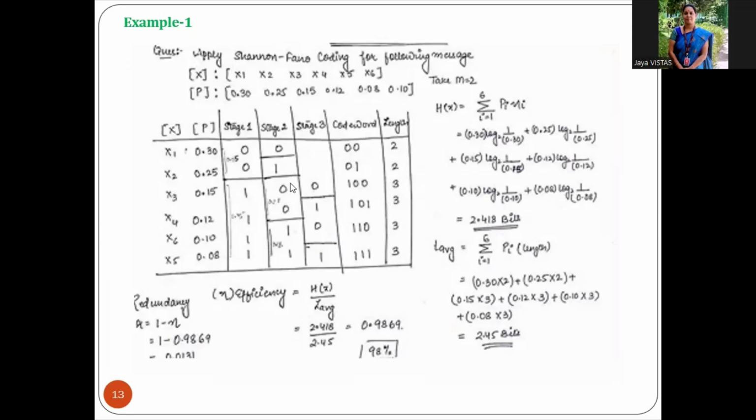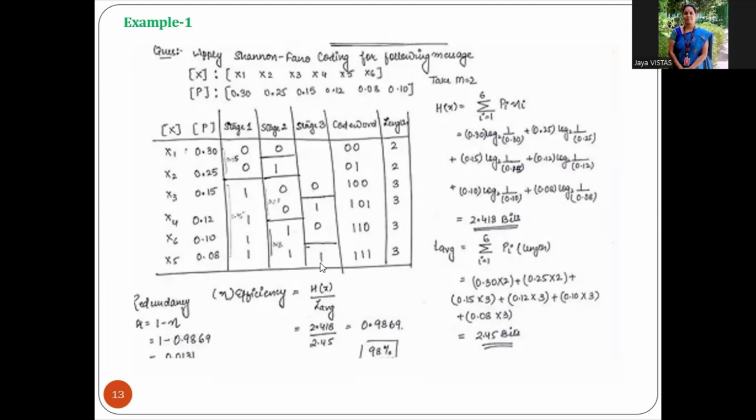There are two symbols, so we divide it into two and assign 0 to the upper one and 1 to the lower one. Then the last group also has two symbols, so we divide it into two and assign 0 to the upper one and 1 to the lower one. Now each group has only one symbol.